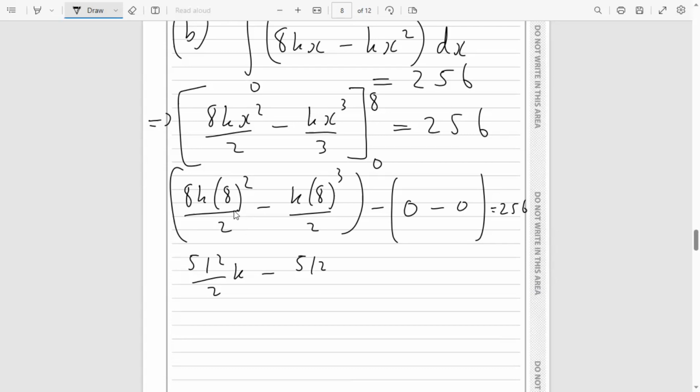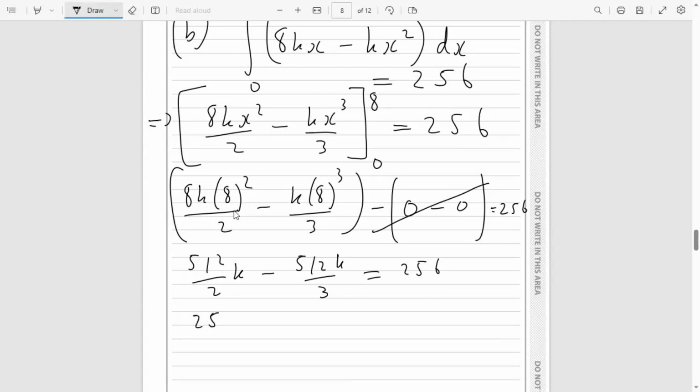Oh yes, sorry, I've noticed what I've done wrong. This should be a 3 there. Yeah, my bad. So 8 cubed, 512, times k divided by 3. Obviously take away 0, but we don't need to worry about that. Is equal to 256.